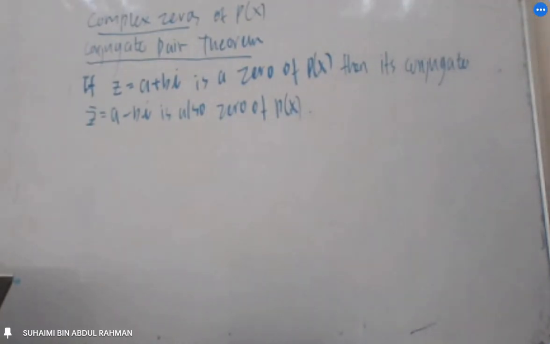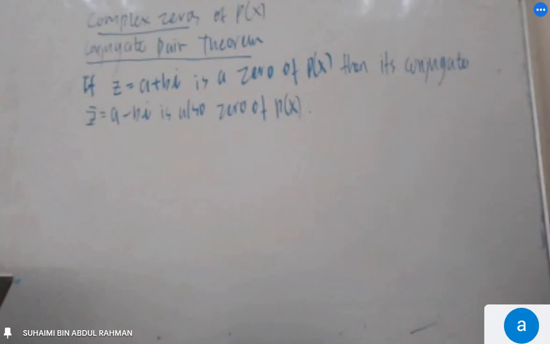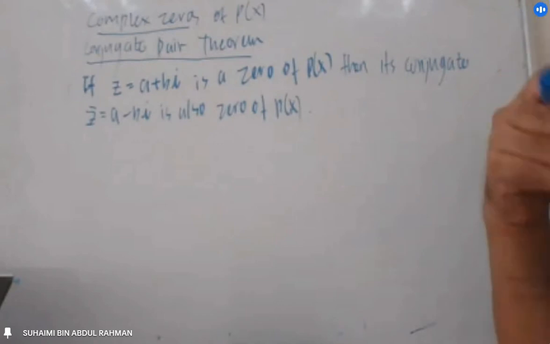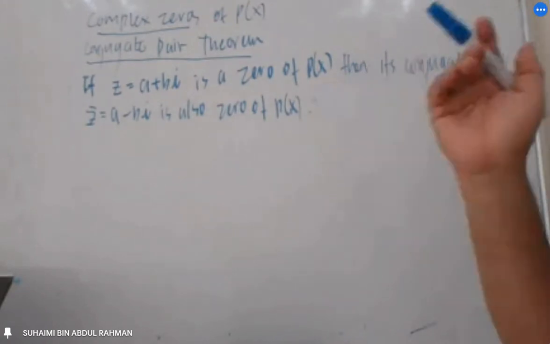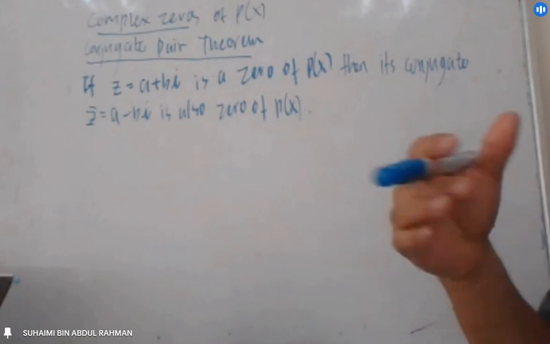So if you look at this theorem, we can see that complex zeros of a polynomial must come in an even number. Because of the conjugate pair theorem, they don't come in 1, they don't come in 3, they don't come in 5.